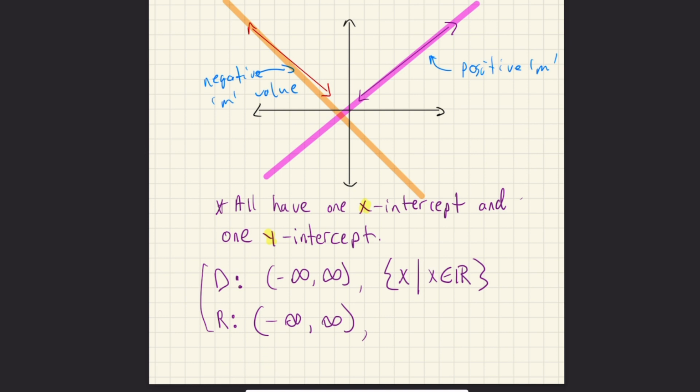And then if I'm writing it into set builder notation, we go to the set of all y values such that y is equal to all real numbers. And again, this is the constant properties for all first degree polynomials. So x and y, domain and range, are always x is all real numbers and y is all real numbers.